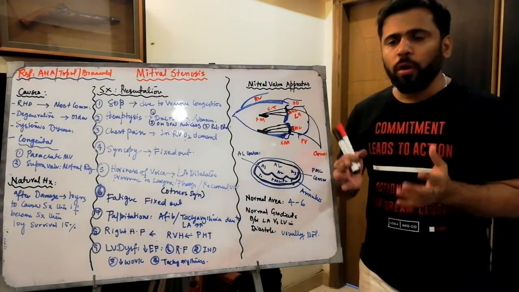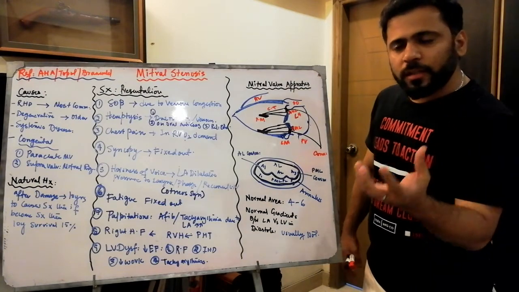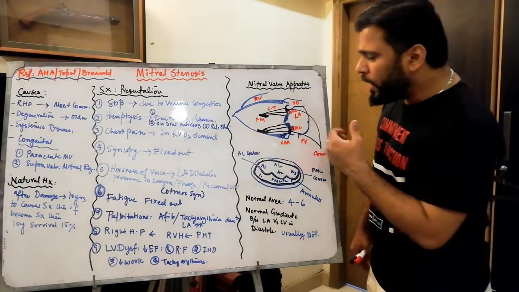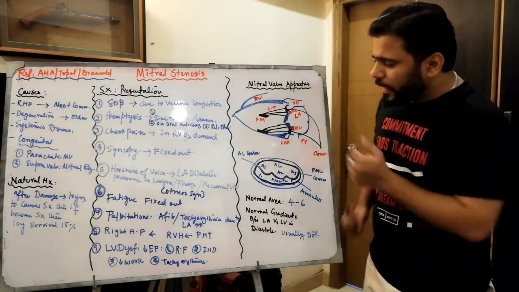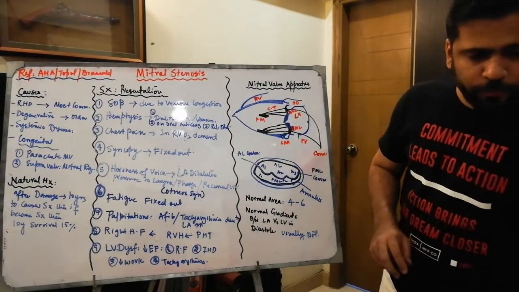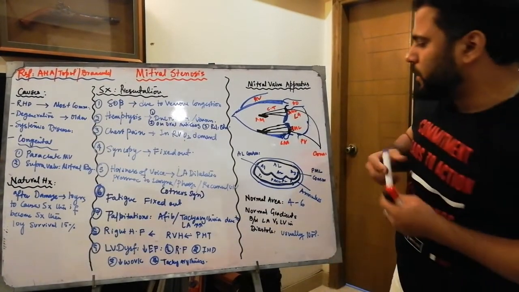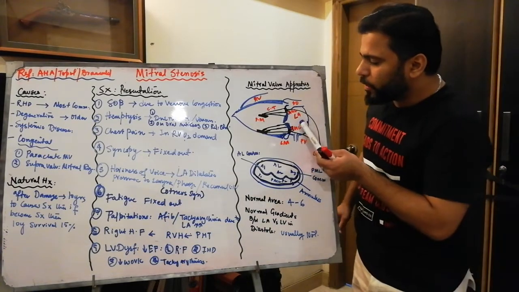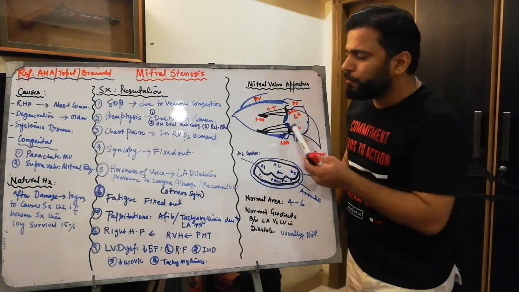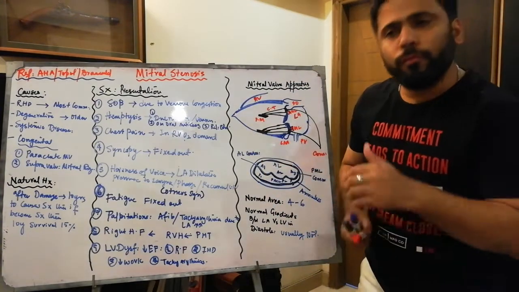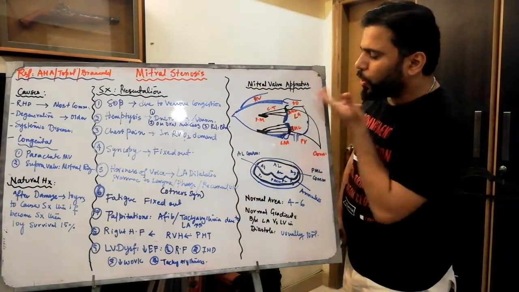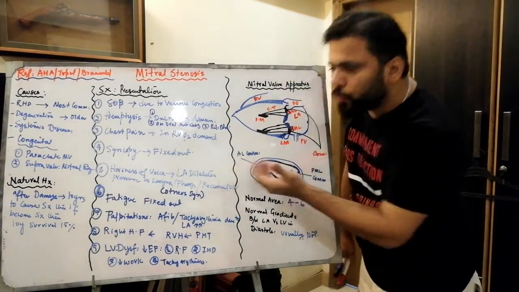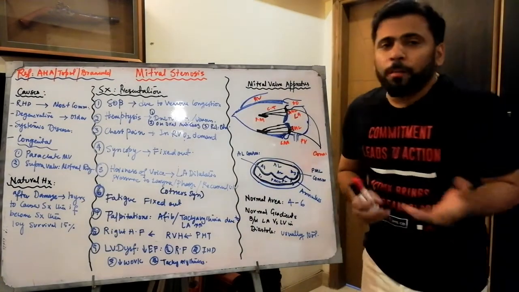There's a whole machine which is actually working in between the LA and the LV, and it is taking blood from the pulmonary veins, from the lungs, into the LA, and then this blood is shifted towards the LV, which will transmit it across the aorta in systole, and in diastole the blood from the LA moves towards the LV.